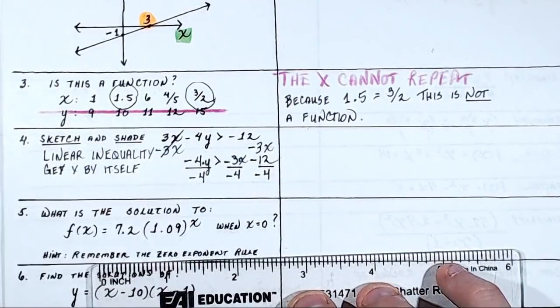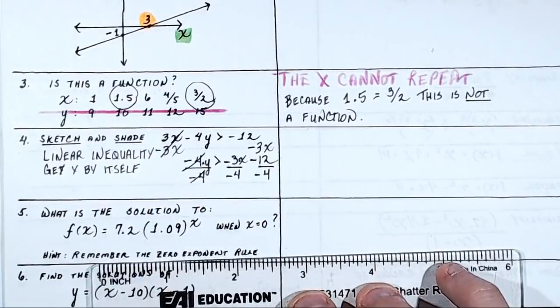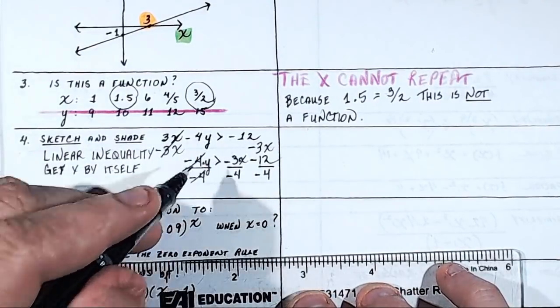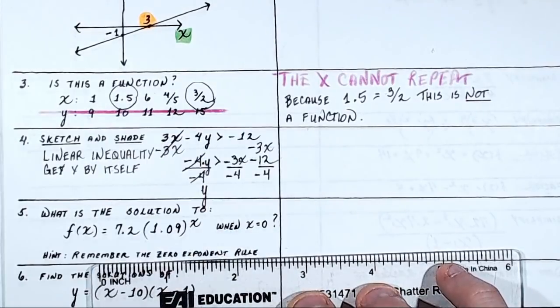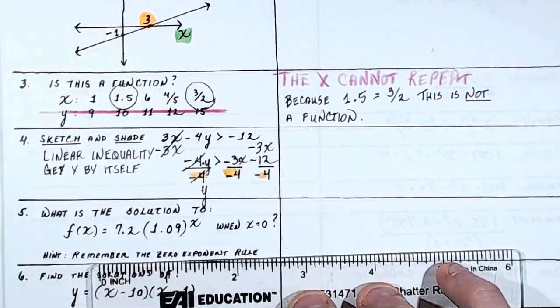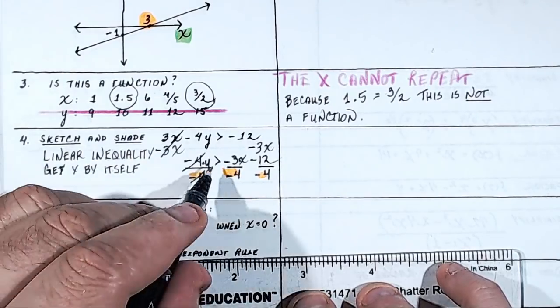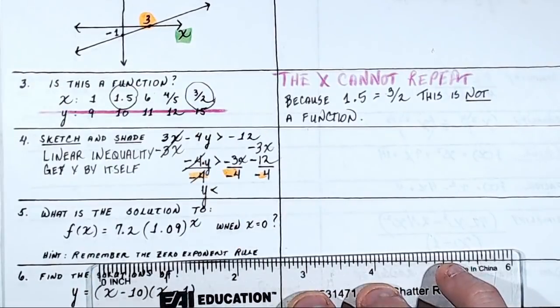On the left side, negative 4 divided by negative 4 is just 1, so it cancels them out. Now you have what you wanted, y by itself. But remember, alert, we divided by a negative. So when we divide by a negative, we got to flip that sign. Right now it's greater than, so it will become less than.